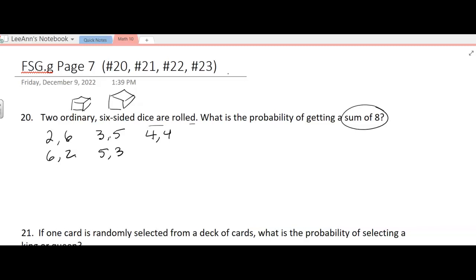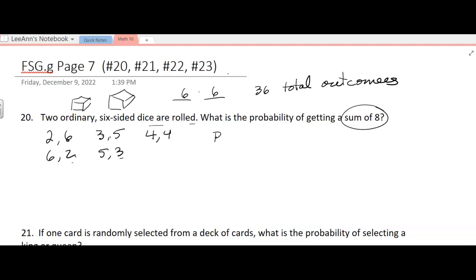Okay, so what's the probability? Well, how many different combinations can you get? You have 6 choices for the first die, and you have 6 choices for the second. So there are 36 total outcomes of the event. Okay, that's how many different outcomes we can get. And there are 5 ways of getting 8.